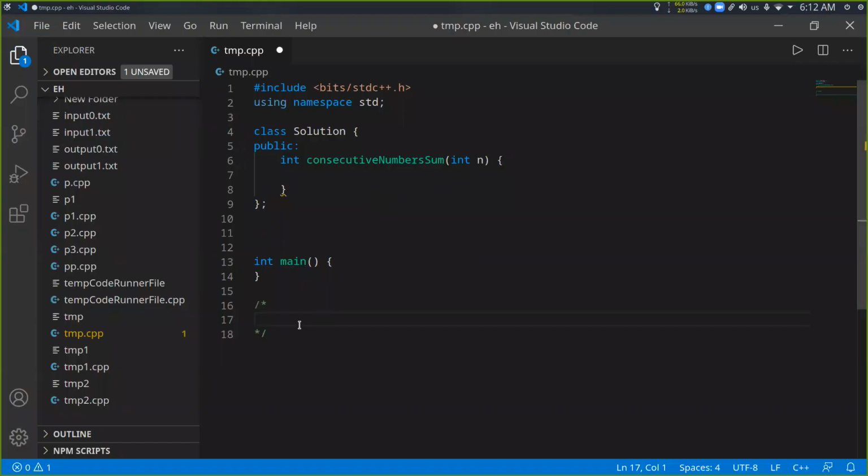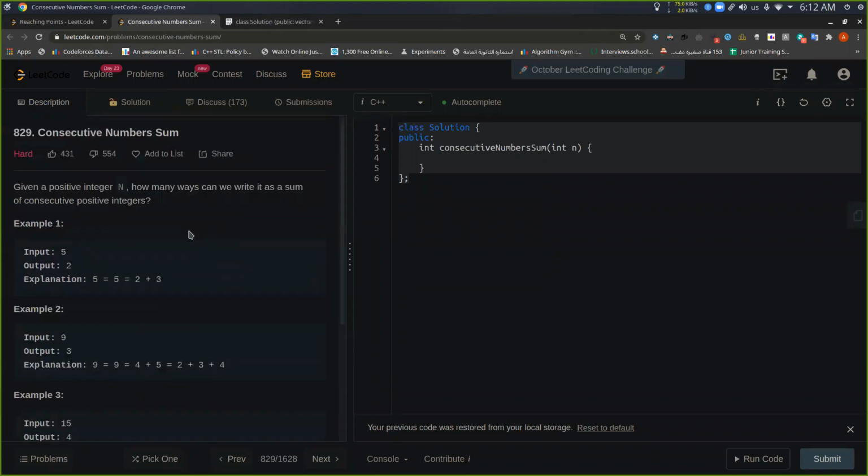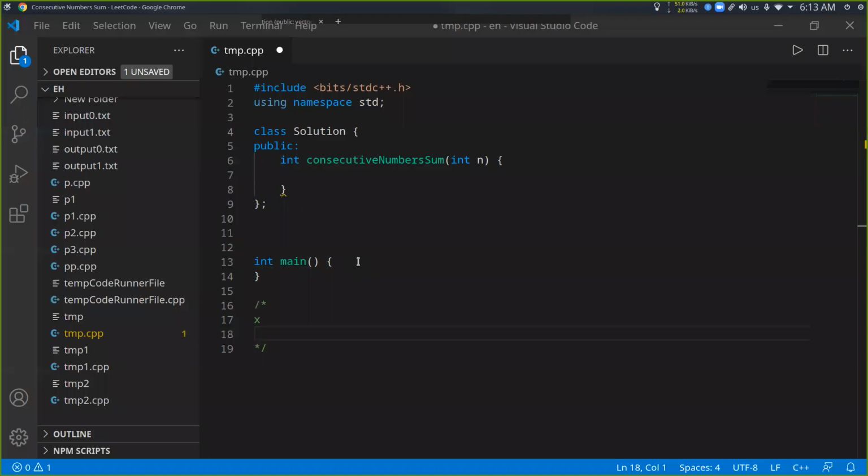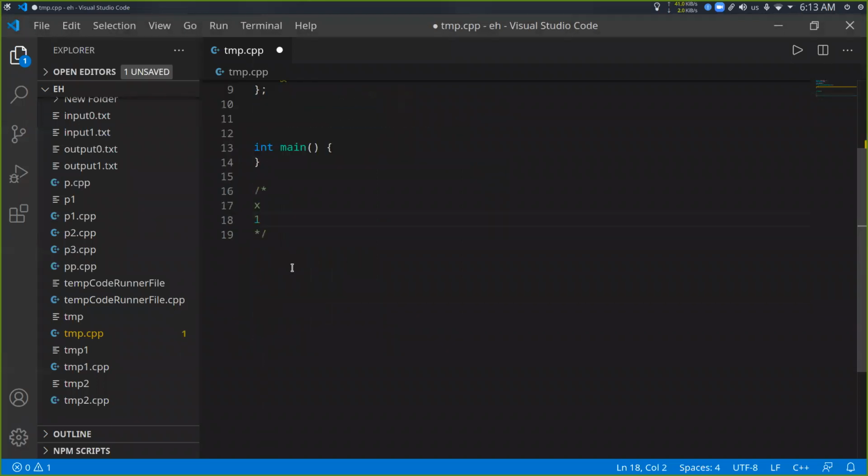Let's see if we have some x, how should we get, for example, the smallest positive integer that can be in some consecutive integers that form the sum. For sure the smallest integer is 1, and if we want to make x as a sum of some consecutive integers starting from 1, we have an equation.